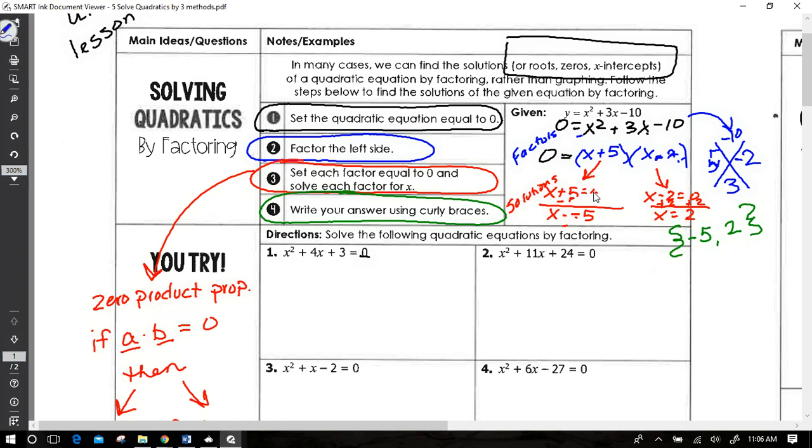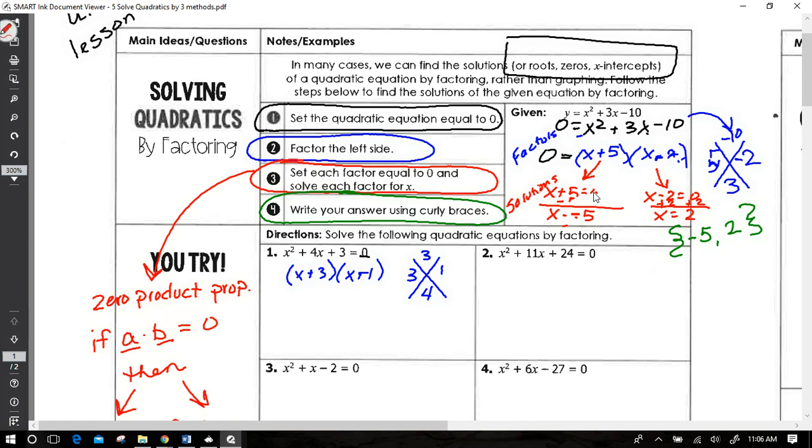Next, I need to factor this. So 3 on the bottom, 3 on top, 4 on bottom. 3 times 1 is 3, and 3 plus 1 is 4. So here's my factors. x plus 3, x plus 1.